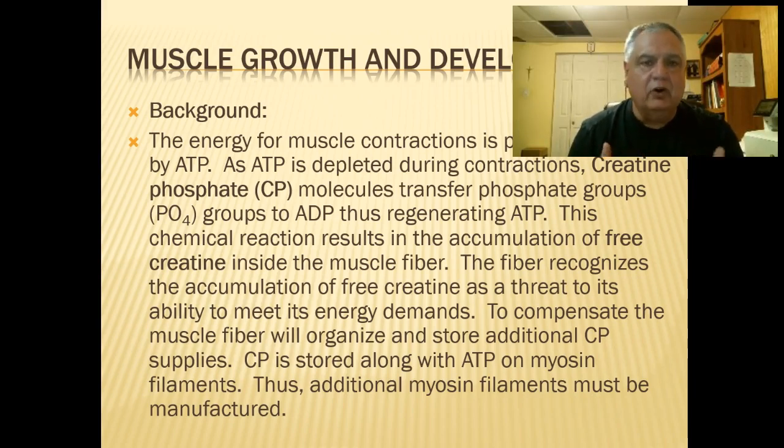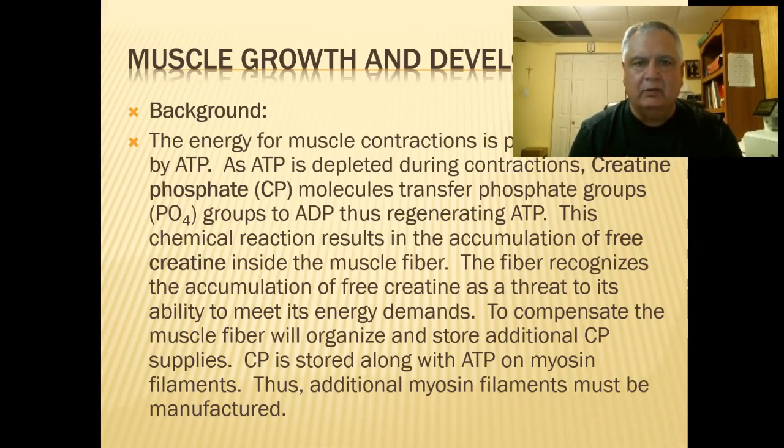Thus, if you're going to manufacture greater supplies of creatine phosphate for the next bout of physical exercise, you're going to have more storage containers, i.e. myosin, to put the creatine phosphate in once you manufacture it. So more myosin is going to have to be created.